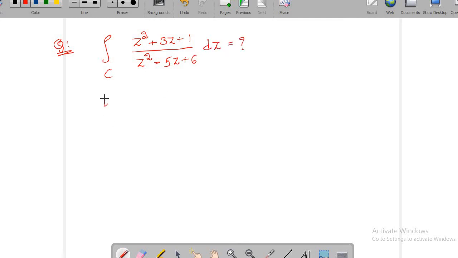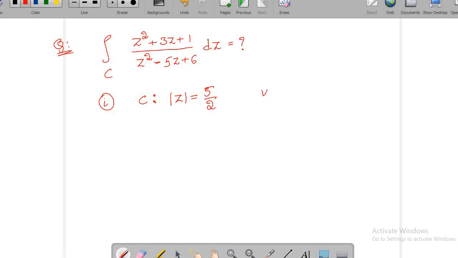So the first problem is this, where C is the curve mod z equal to 5 by 2.